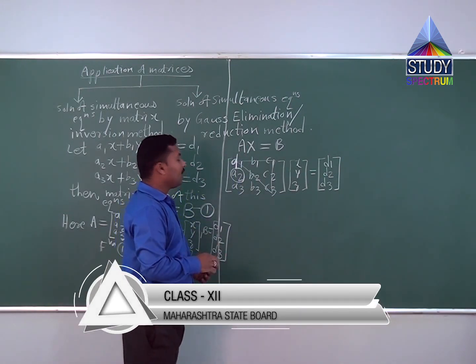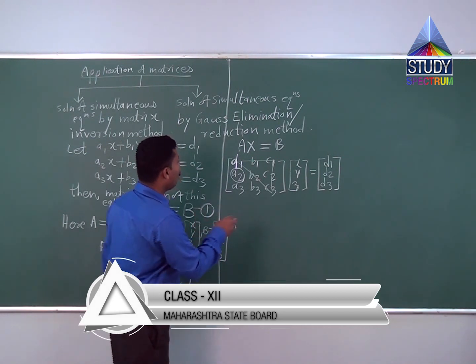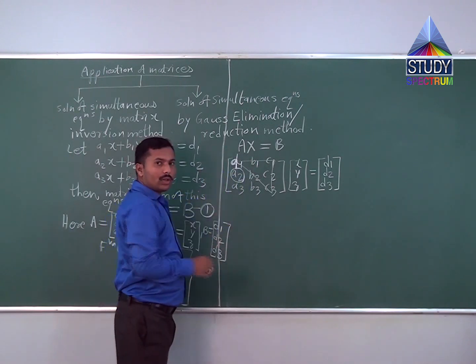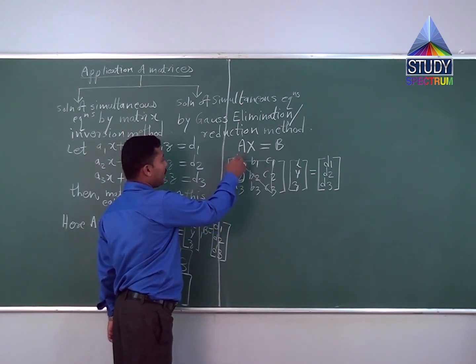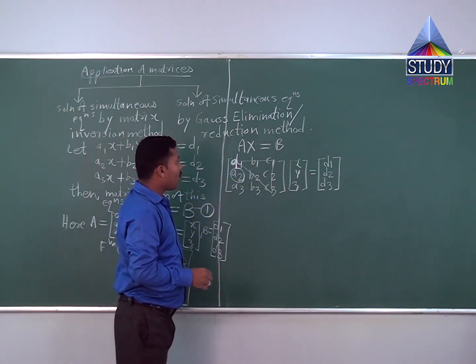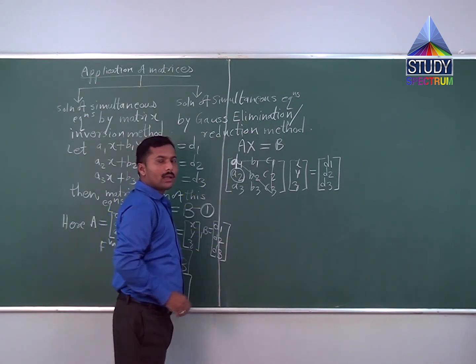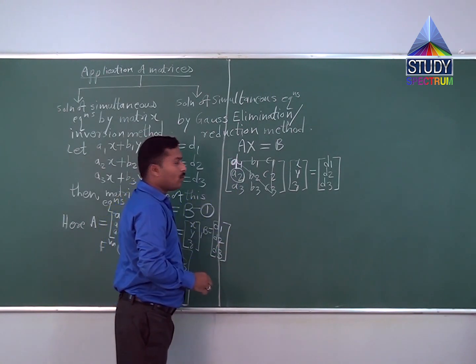If A1 is already 1, then don't do anything. If A1 is not equal to 1, then make A1 equal to 1 by using row transformation or by dividing by this number.